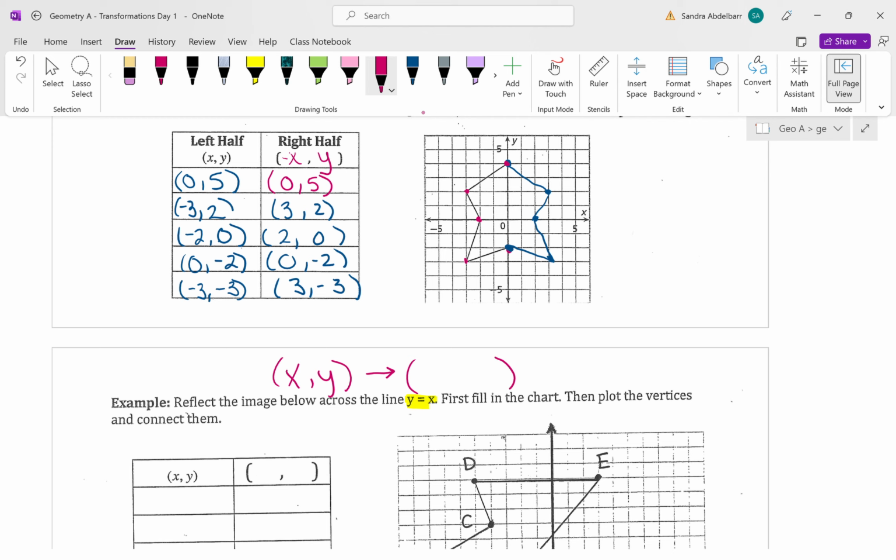Not negate both, no. You switch both of them. So it's going to be y, x. So you just switch their coordinates. So if I were you, I'd list out all the coordinates, and then perform the rule and mark it.